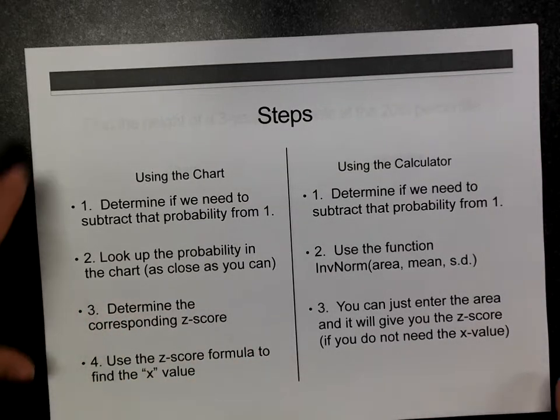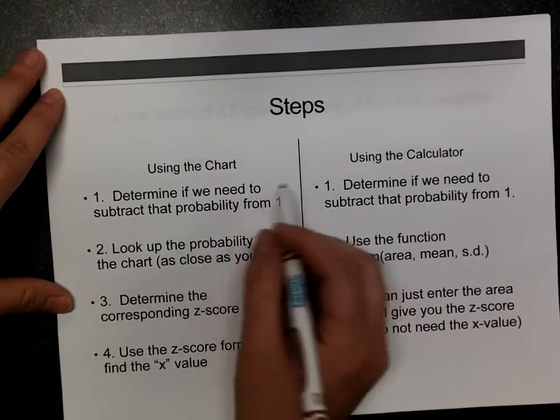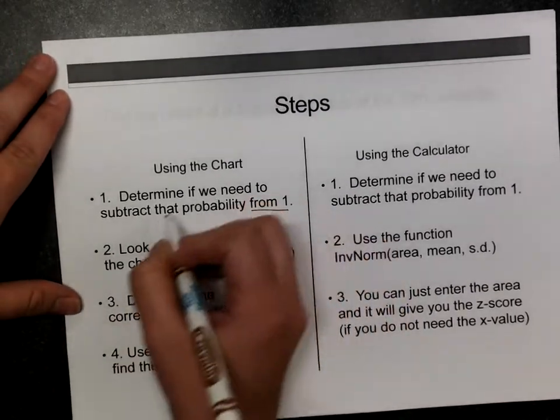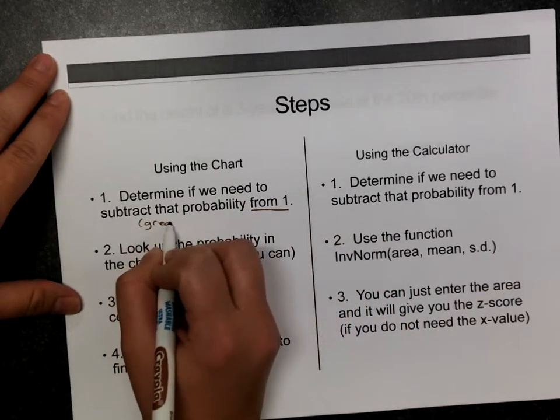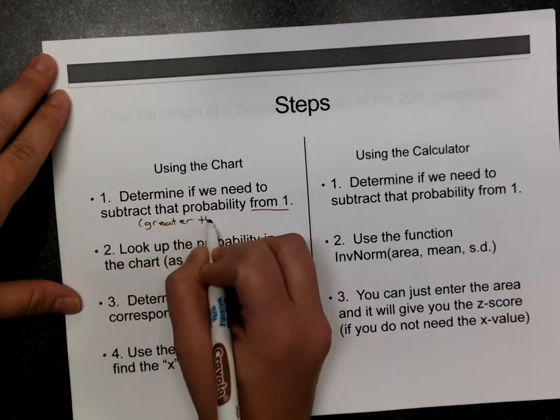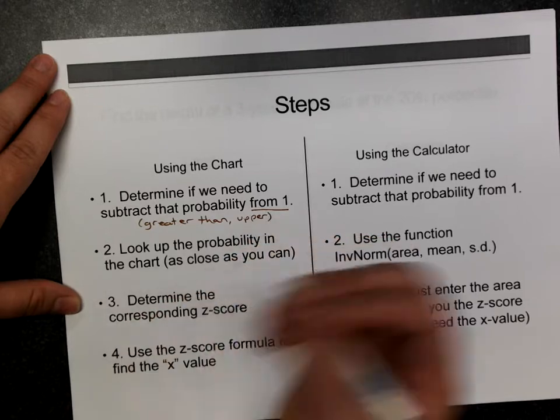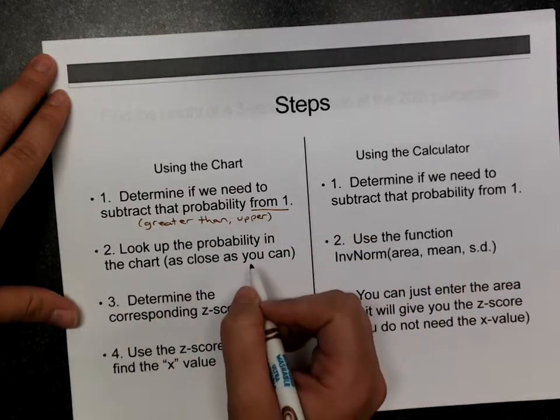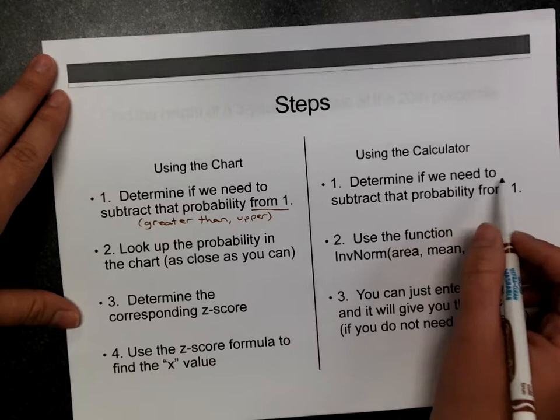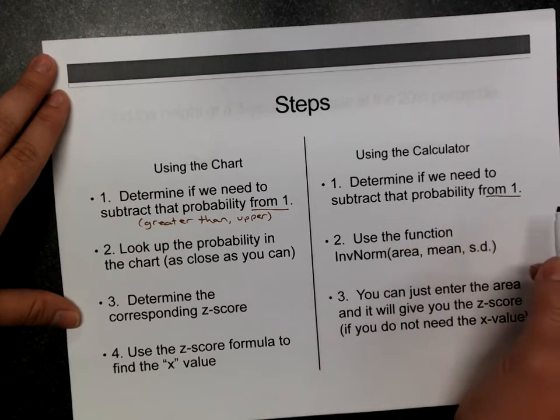So using the chart, you'll have to determine if we need to subtract that probability from 1. Remember, if it's a greater than probability, or if it's an upper probability, which you'll see, you'll have to subtract from 1. That's also true if you're going to use the calculator. You might have to subtract that probability from 1.